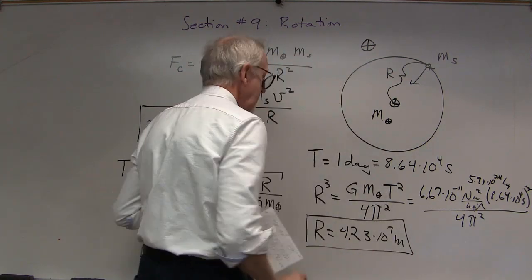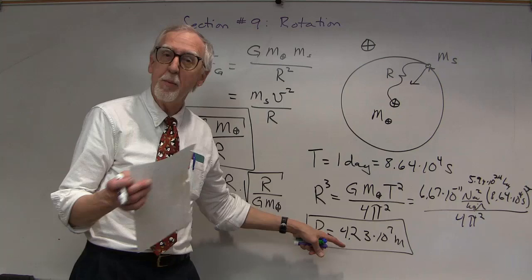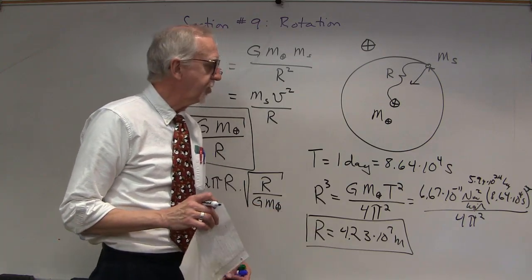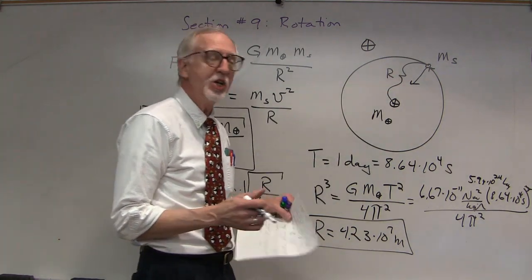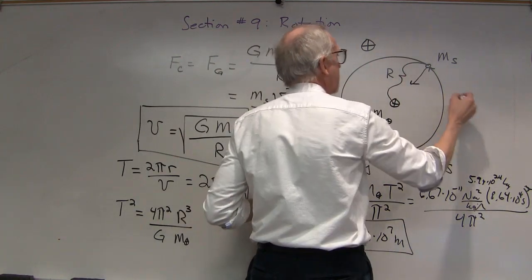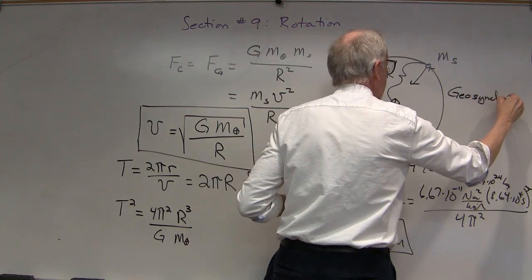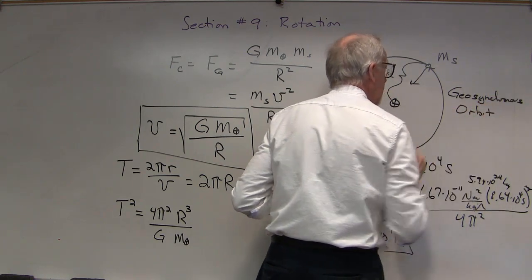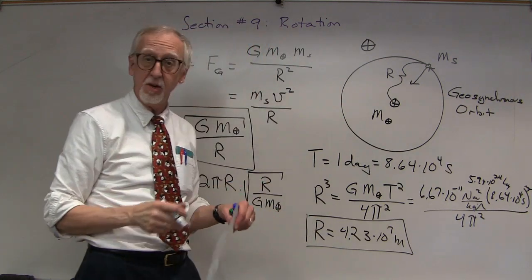There we go. If we could arrange a satellite to have a radial distance, remember that would be from the center of the orbit, in other words from the center of the Earth, of 4.23 times 10 to the 7th meters, we would end up with what is called a geosynchronous orbit. In other words, it's synchronized with the rotation of the Earth.